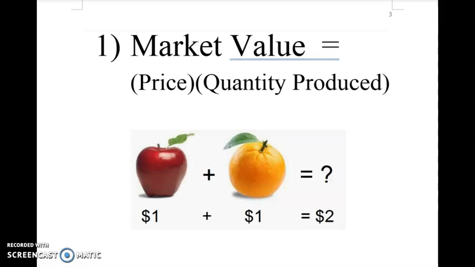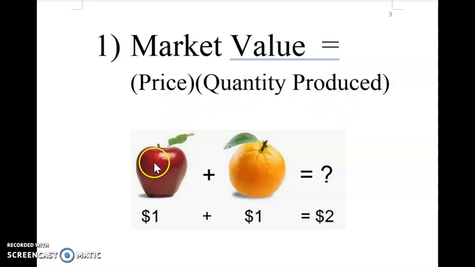Okay? So what is market value? Market value is the value of the product that is measured by the price. If you take the price of the product, multiplied by the quantity produced or quantity sold, you will get the market value of the good. So why do we have to get the market value? Well, because GDP has to add all of the products produced inside a country.